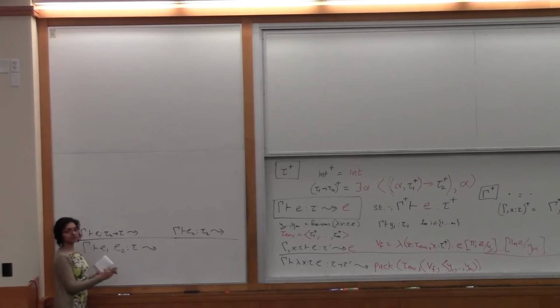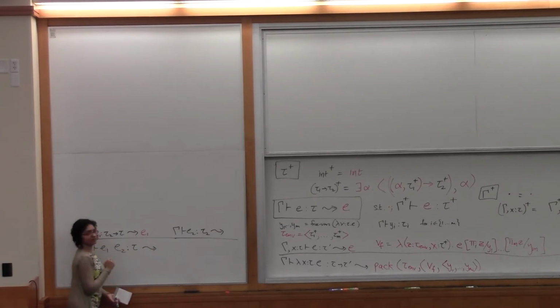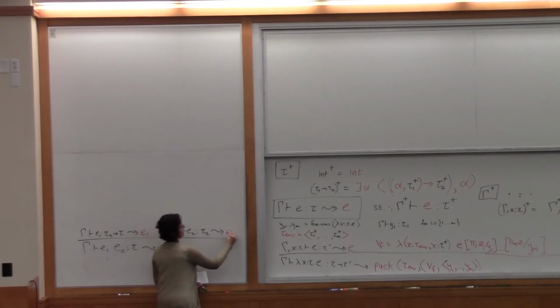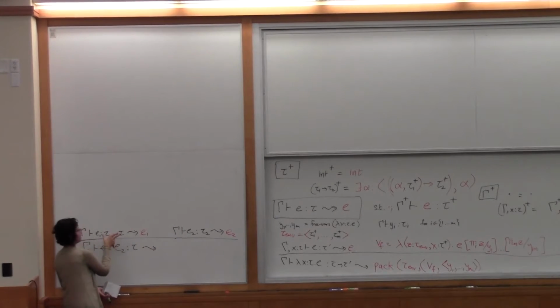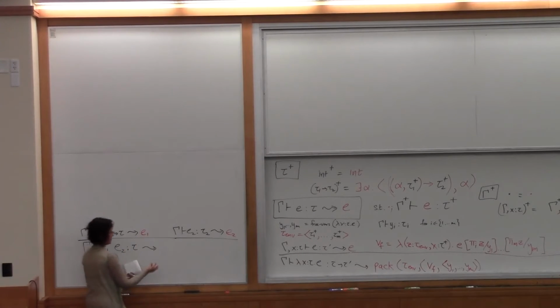Right. So this should be somewhat complicated, right? You have two pieces. Go translate E1 into a red E1. Go translate E2 into a red E2. Notice that this is going to have type tau 2 plus. This is going to have the type translation of this function type, tau 2 to tau plus, which means that the type of this is an existential. Let me write it down.